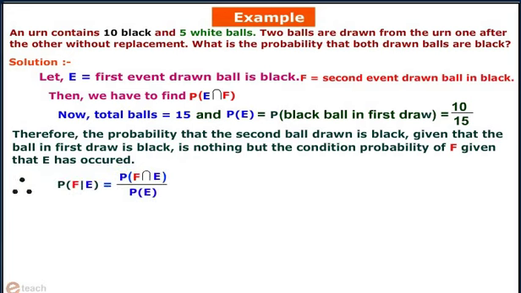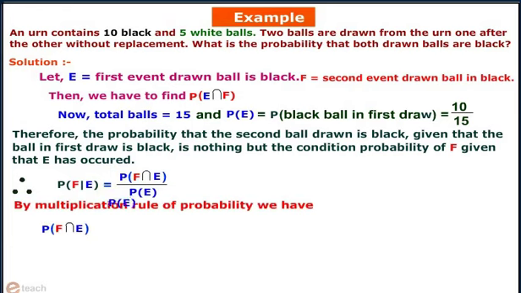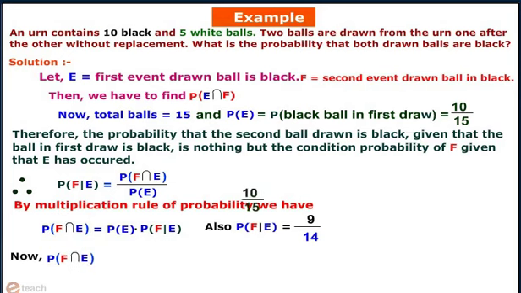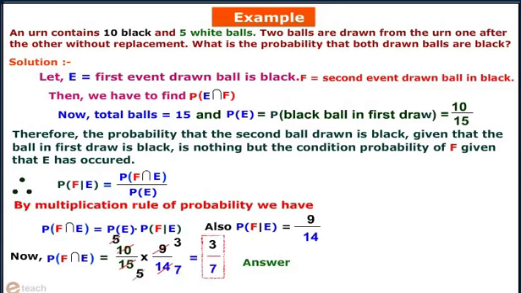Therefore, probability of F given E equals probability of F intersection E divided by probability of E. So, by multiplication rule of probability, we have probability of F intersection E equals probability of E times probability of F given E. Also, probability of F given E equals 9 by 14. Therefore, probability of F intersection E is equal to 3 by 7.